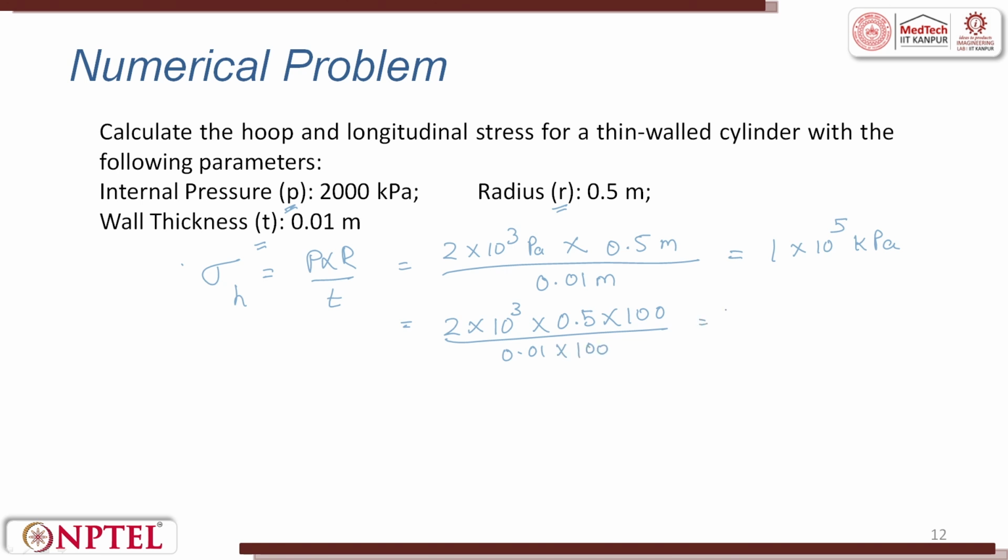So, this is nothing but 2 into 10 to the power 3 into 50 divided by 1. So, this is nothing but 200 into 10 to the power 3, which is nothing but 10 to the power 5 kilopascals. The meter goes off, right.